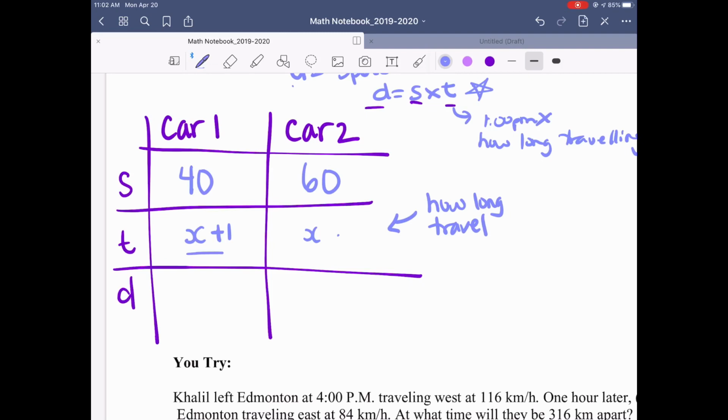So car 1 has been on the road an hour longer than car 2. Okay, that's why it's X plus 1. The other way you could do it is make this X and make this X minus 1, because it's been on the road for an hour less. But you can choose whichever method you want. They will both get you the right answer.